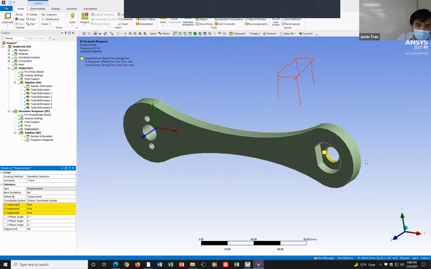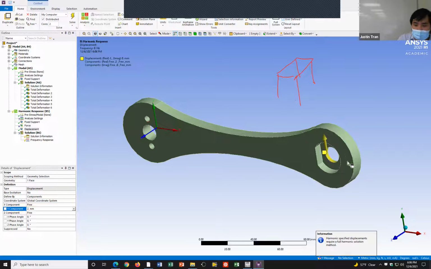Let's say I wanted to apply an oscillatory displacement in the y direction, with a displacement of 2 millimeters in that direction. What this is going to do is apply a displacement that goes up and down here, and then see what the response looks like from there. So you can apply that here as well.